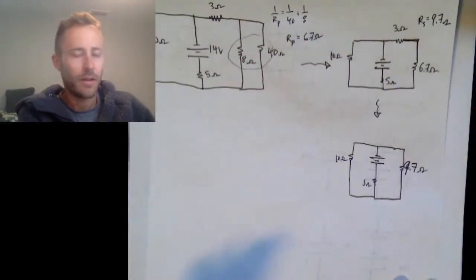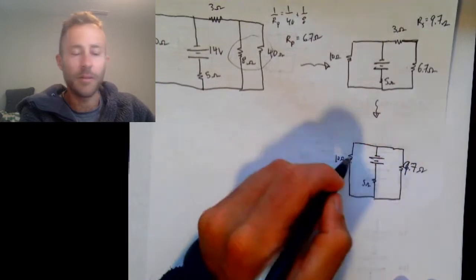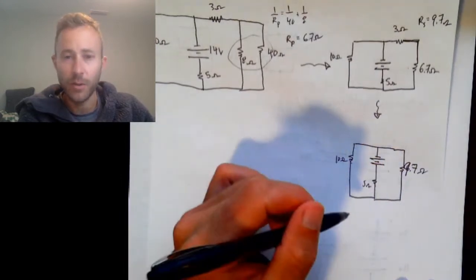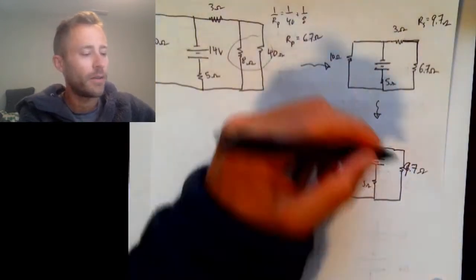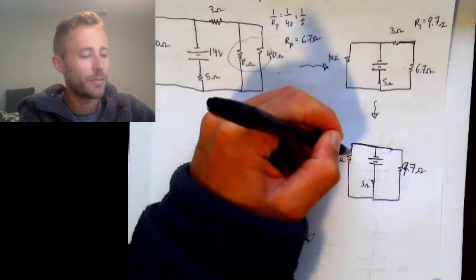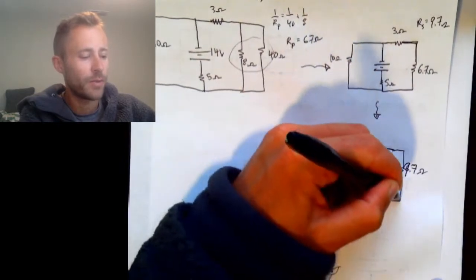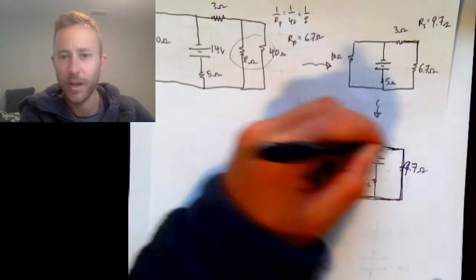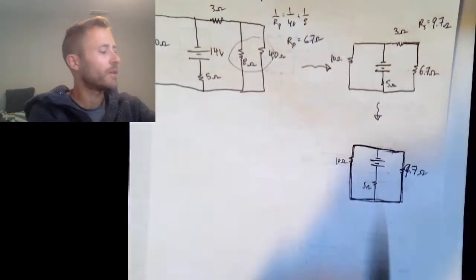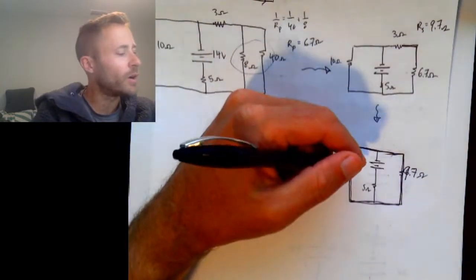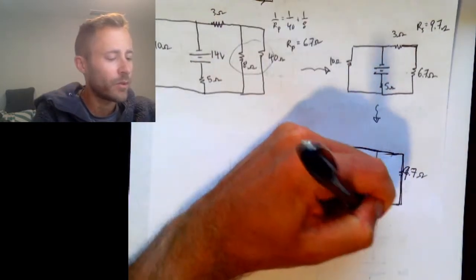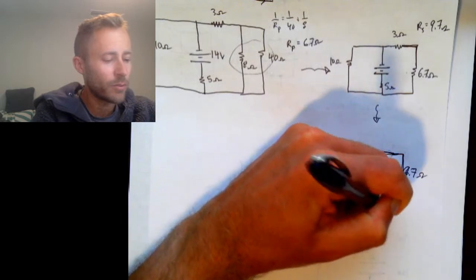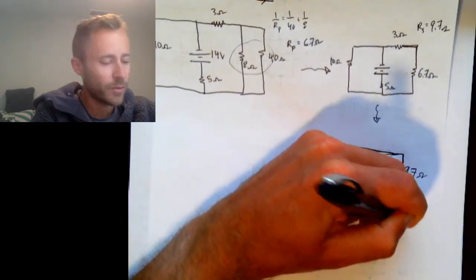Okay, so this is probably the trickiest part. All right, these two are in parallel. How do I know that they're in parallel? Well, if I go around this outer loop, that outer loop only has those two resistors on it. So that must mean that they're in parallel. Okay, so that means that 1 over R sub P is 1 over 10 plus 1 over 9.7.